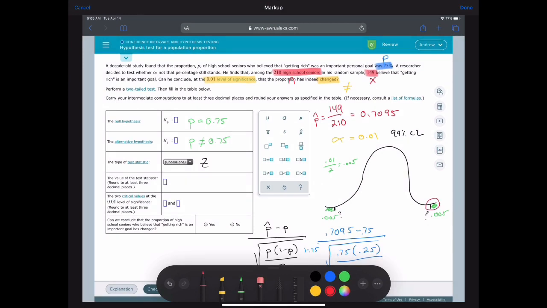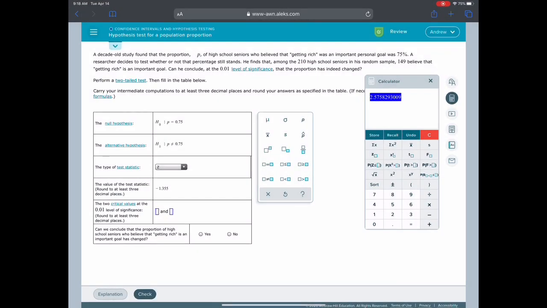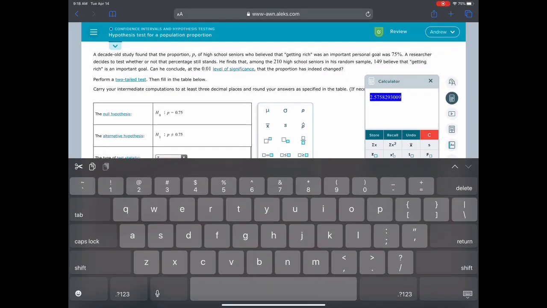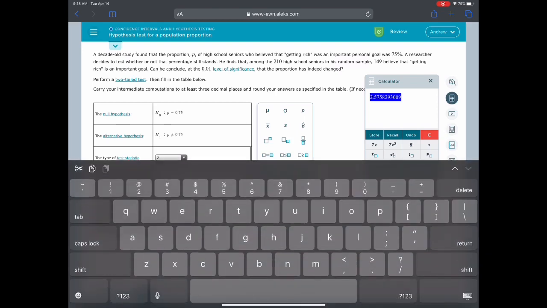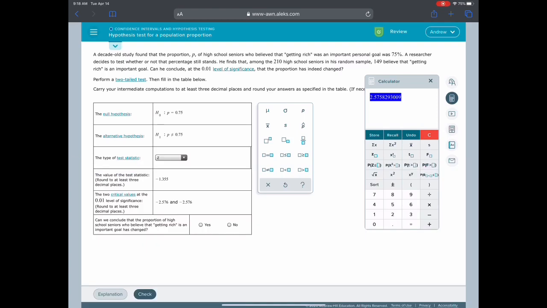This is our answer. To find the other side, it's going to be the exact same thing, just negative. So whatever number we got in the calculator, we're going to do the negative and the positive of that: negative 2.576 and positive 2.576. One of those should be negative, one should be positive.